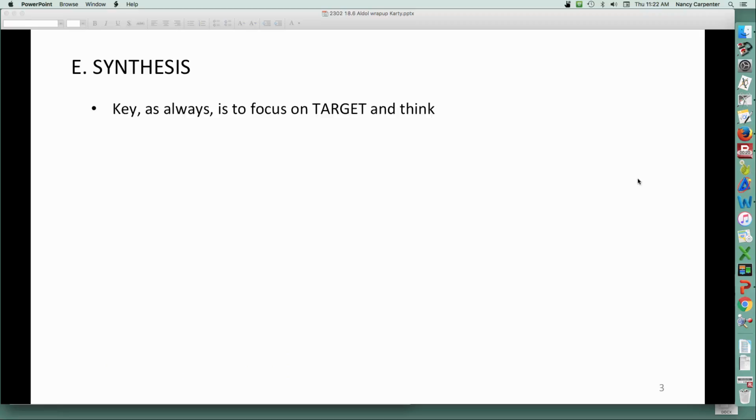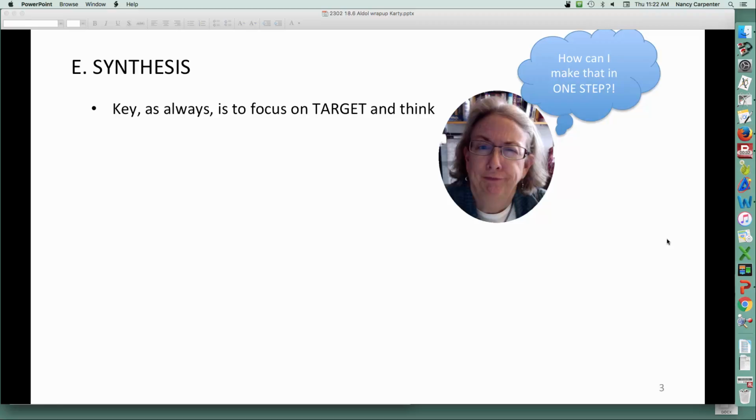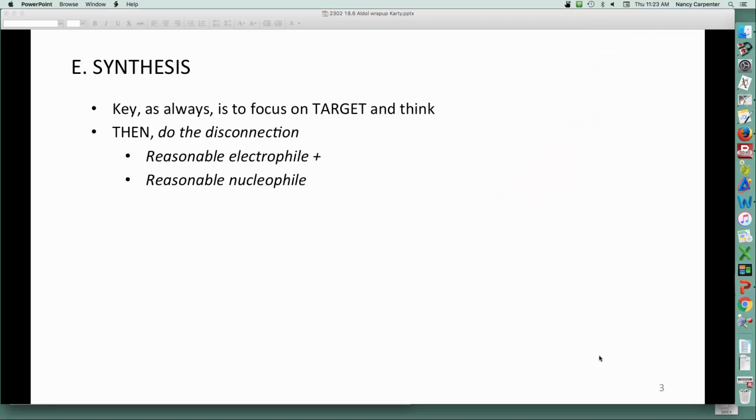So what about synthesis? Well, as always, the key is to just look at what you're trying to make, the target molecule, and ask yourself, how can I make that in one step from whatever I want? Don't worry about anything else.